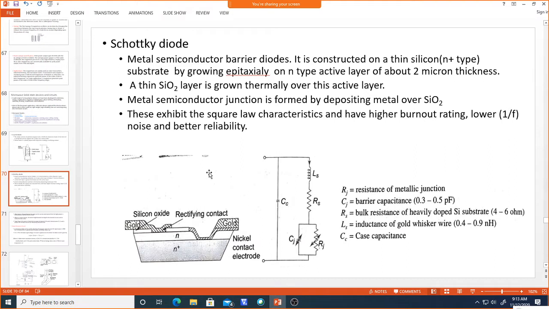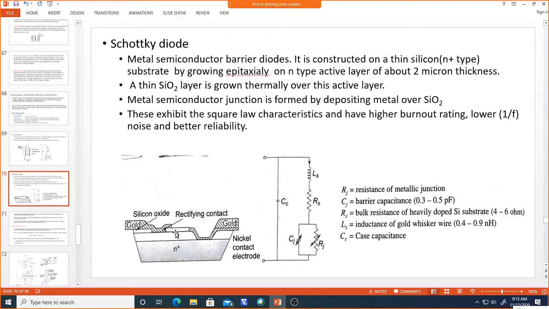Now coming to the Schottky diode, it is a metal semiconductor barrier diode. Here you can see there is an N plus silicon substrate. On this N plus substrate you grow one more layer, which is the active N type layer, about 2 micron thickness.